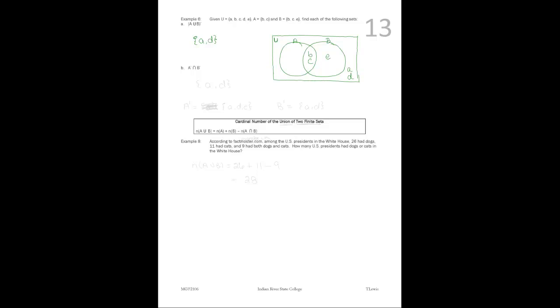A and D. What's not in B? A and D, right? Okay. So then you're saying A and D intersects A and D. Intersect means what do they have in common? A and D.